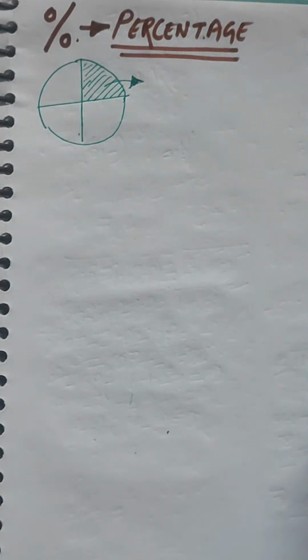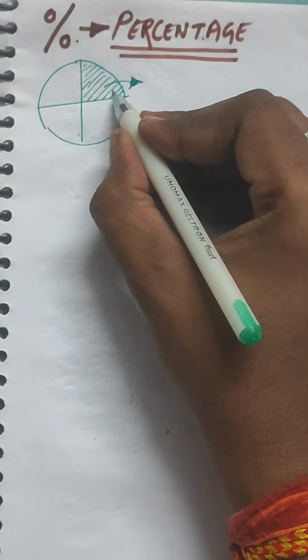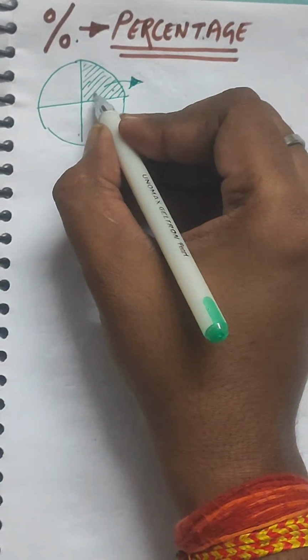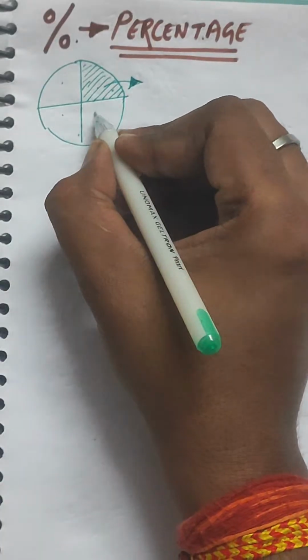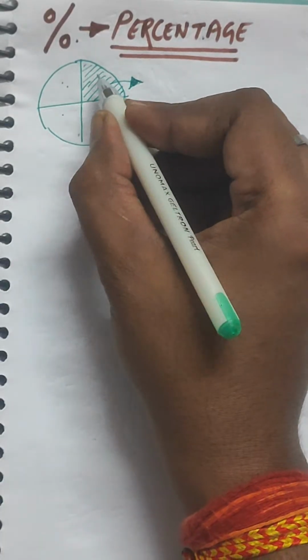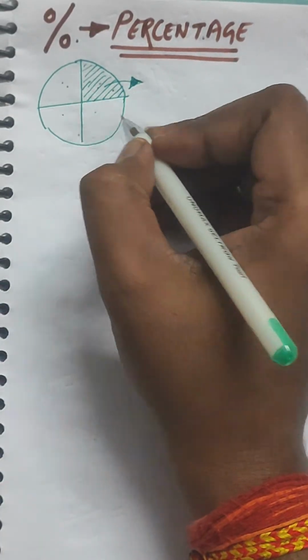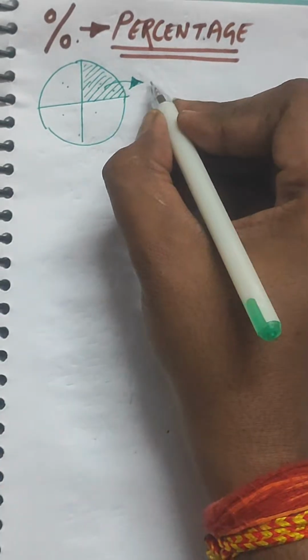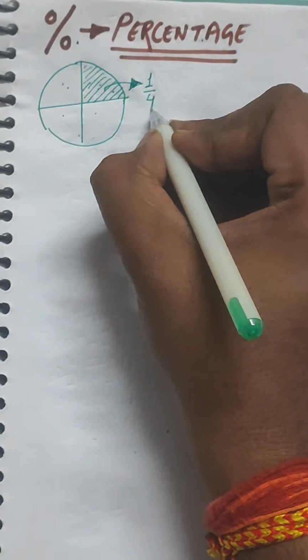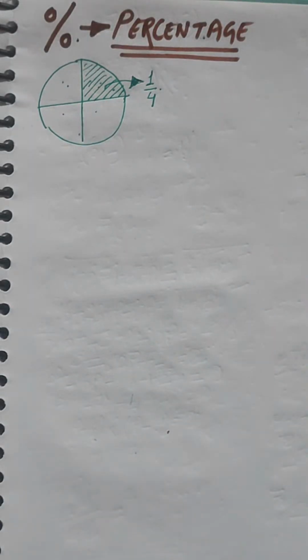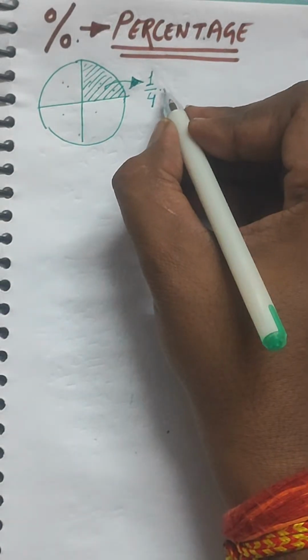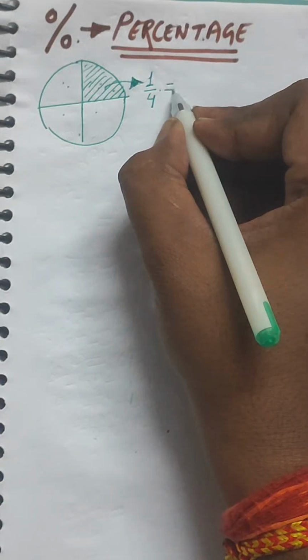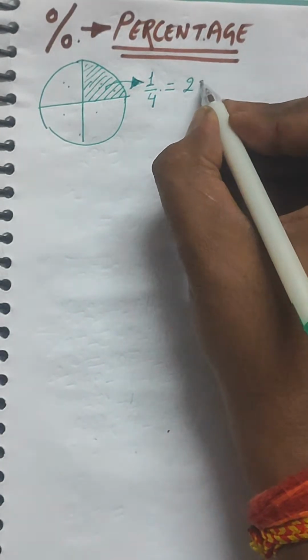Since the pizza is divided into four equal sections, this portion is said as 1 by 4. If you convert 1 by 4 into percentage, it will be 25%.